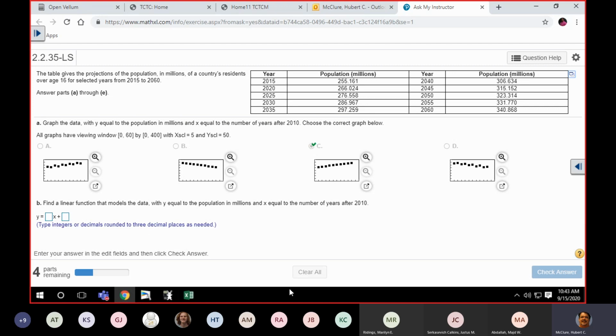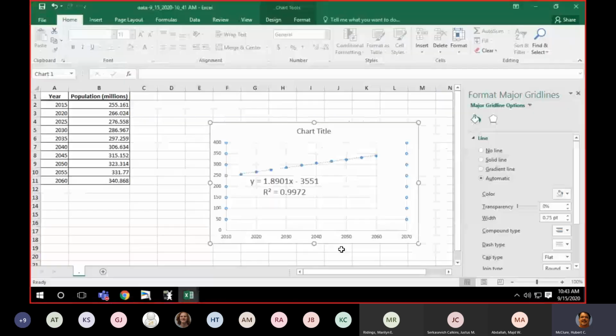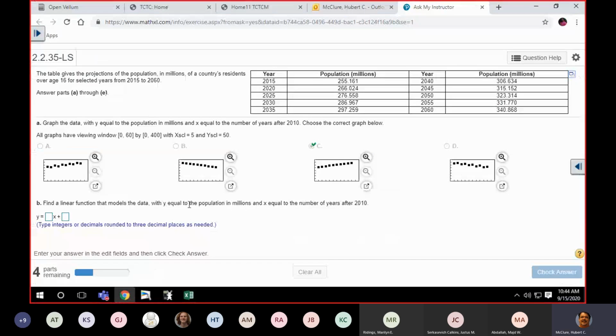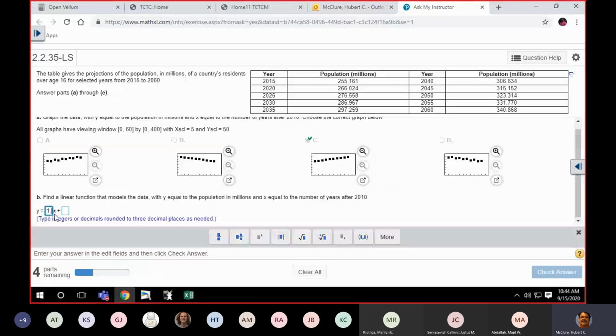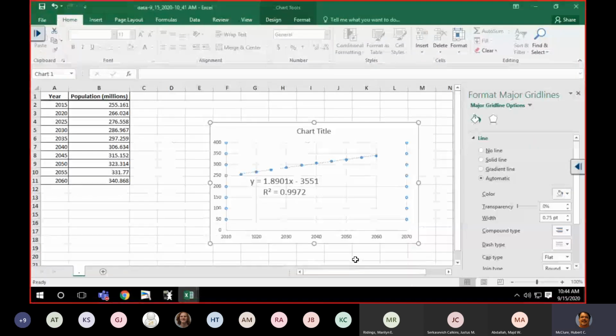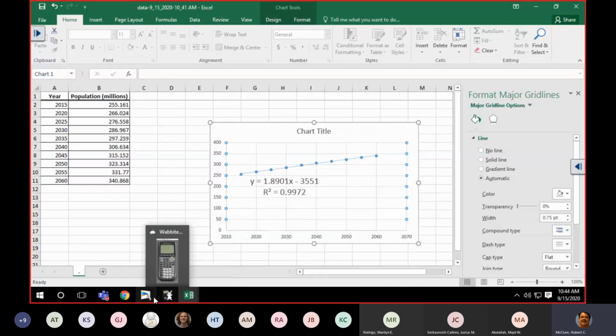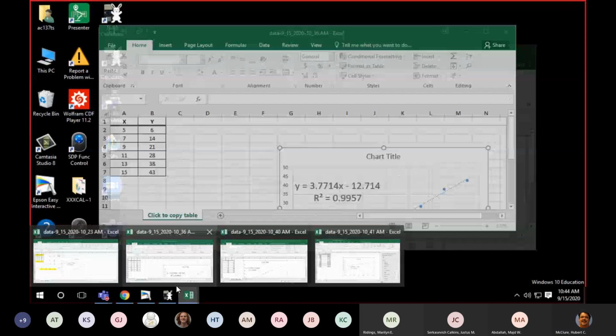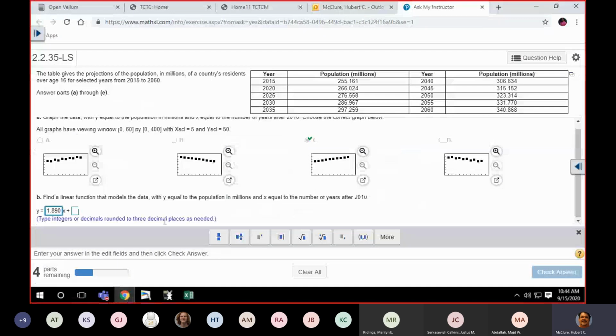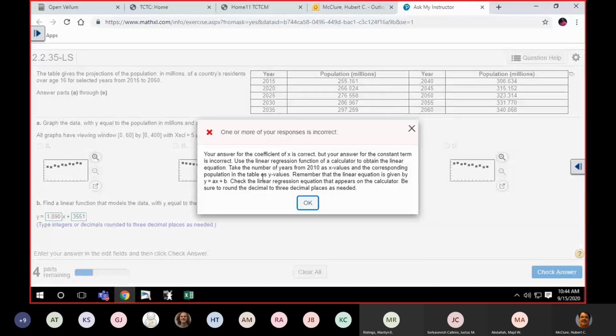All right, it says round to 3 decimal points. 1.890. And then the other, 3551, that's a whole number. I didn't know that until just now. 3551. Okay.